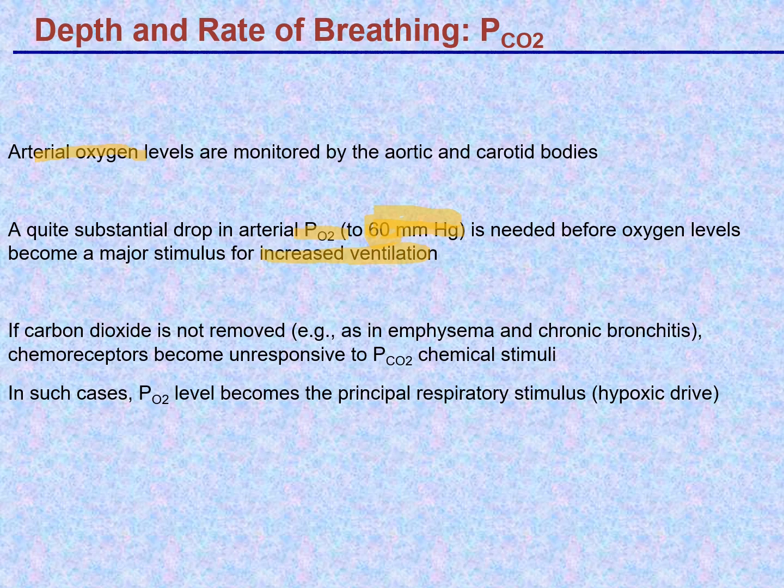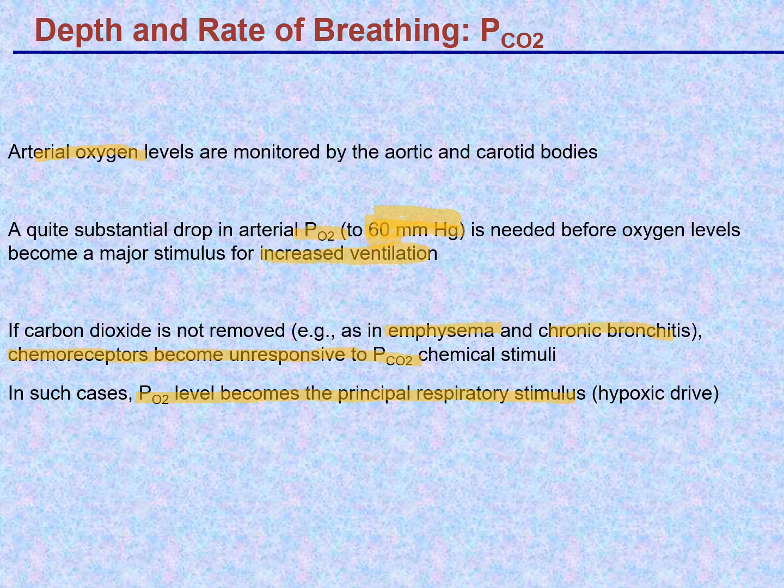If carbon dioxide is not removed, and that can happen with emphysema or chronic bronchitis, pulmonary disease, then unfortunately, if a person has chronic hypercapnia, high PCO2 levels, in the end, the chemoreceptors become habituated, they become unresponsive to the PCO2 levels, and in that case, it's the PO2 level that becomes the main stimulus.